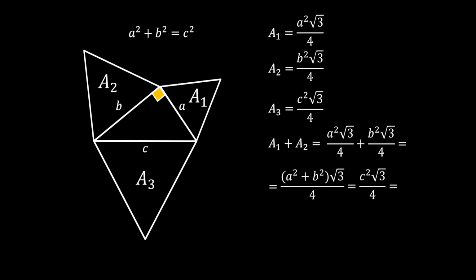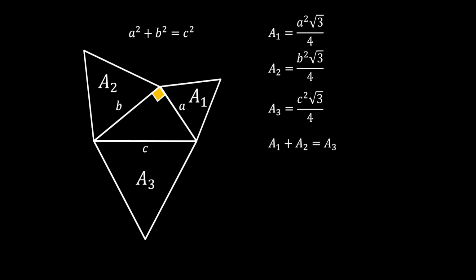And you probably noticed that this equals the area A3. So, in this way, we have proven that the sum of the areas A1 and A2 is again equal to the area A3.